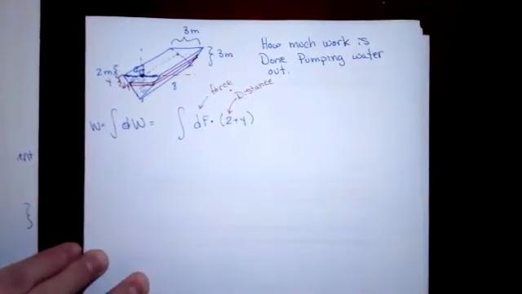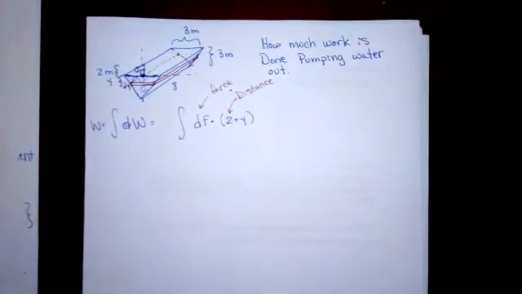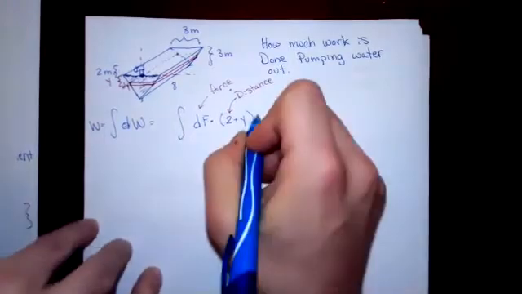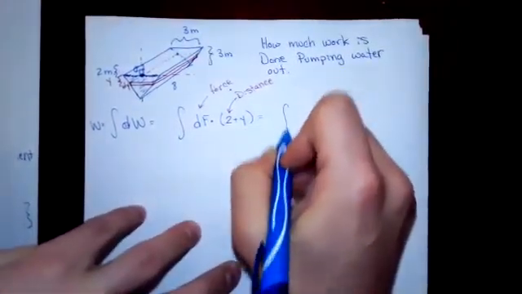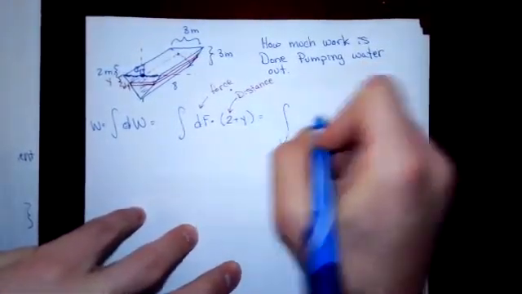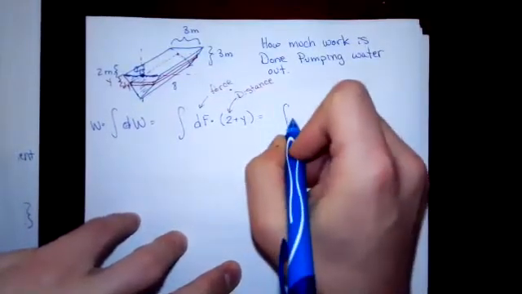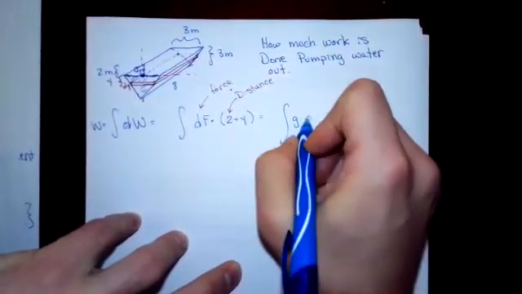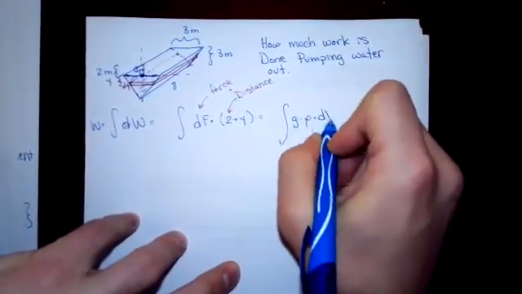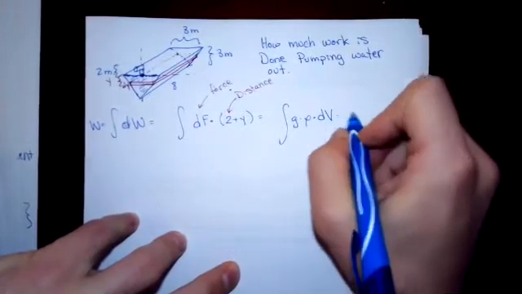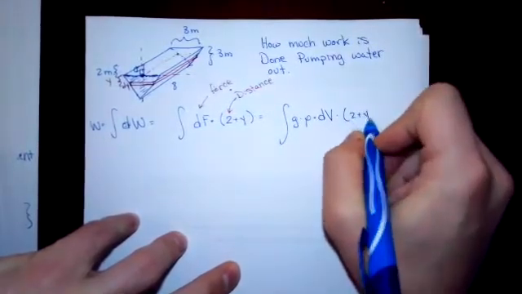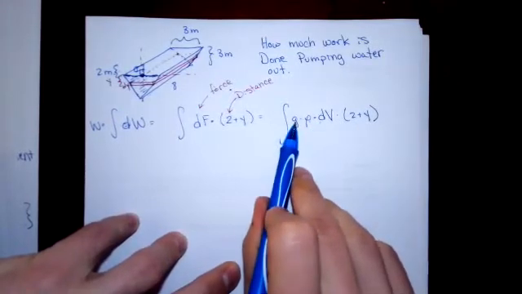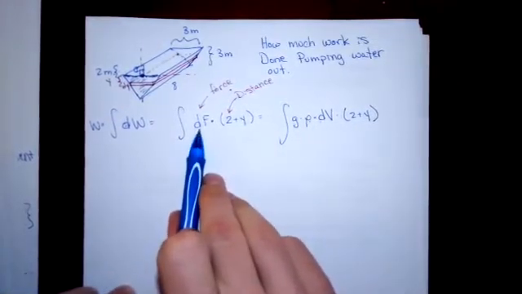And so now we have to figure out, what do I mean by this force that is on this infinitesimal slab? That is going to be gravity times mass, or we could do it as gravity times density times the volume. Of course, density times volume just gives me mass, and gravity times mass gives me the force.